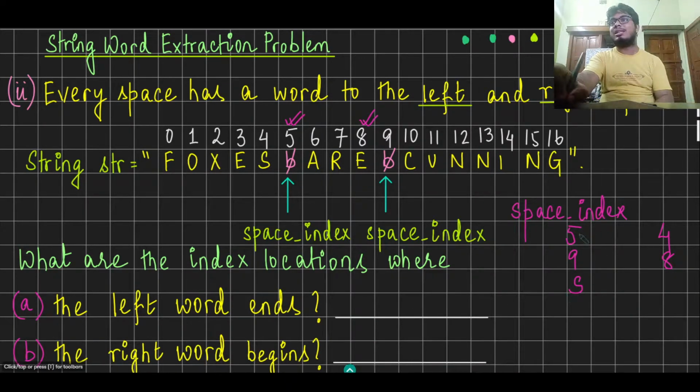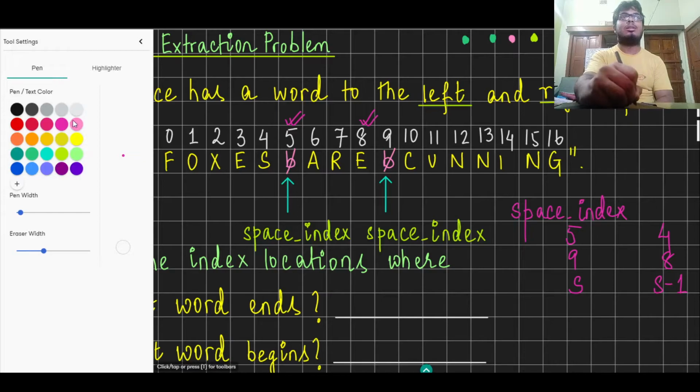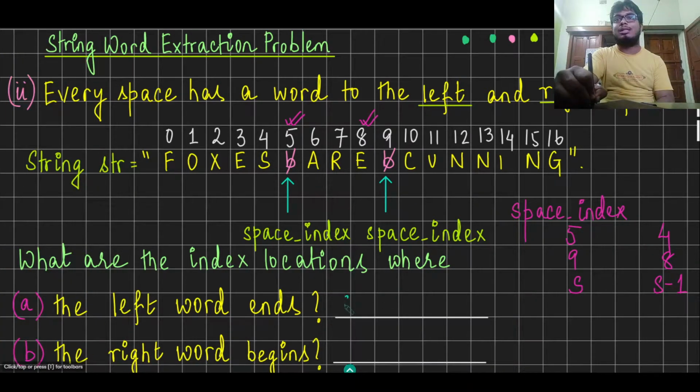When the space index is 5, the left word index is 4. When the space index is 9, the left word ends at index 8. Similarly, when the space index is S, the left word index would be S minus 1. Therefore, whenever we get a space index, then space index minus 1 is where the left word ends. So that is our general answer.